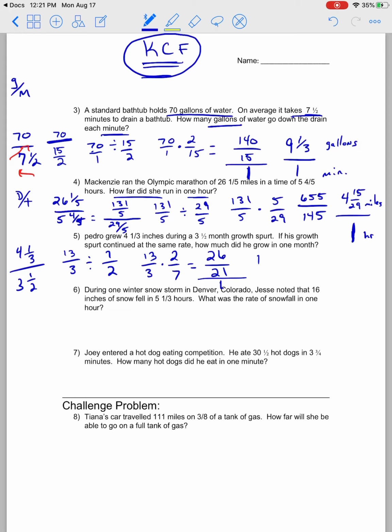It's going to give you 1 and 5/21 inches over 1 month. That was his growth spurt, or that's how much he grew each month.